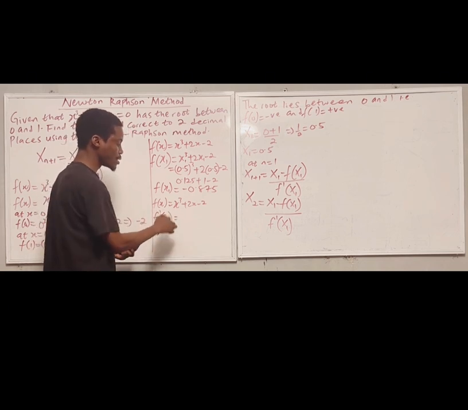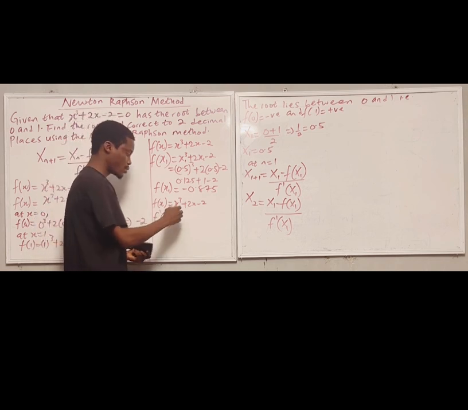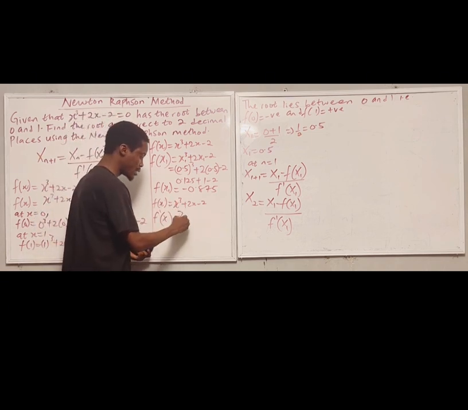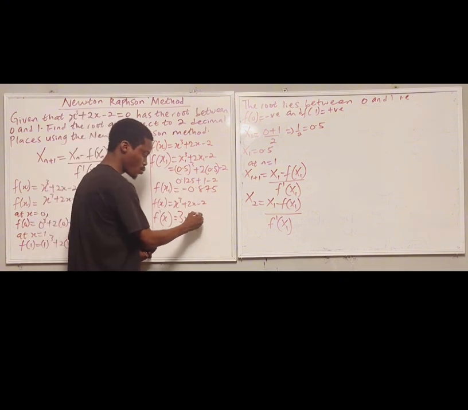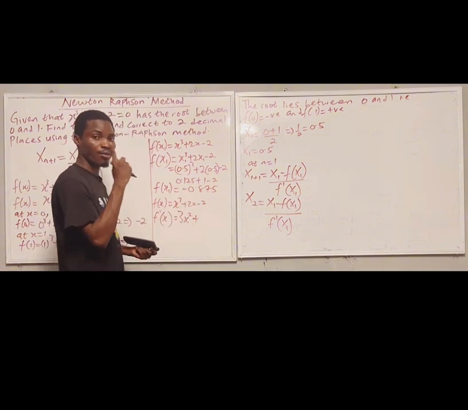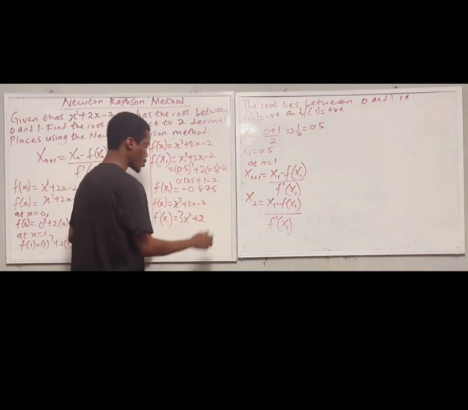So for me to find this, I will differentiate this with respect to x. If I differentiate x raised to the power of 3, I'm going to have 3x squared. 3 will come down, then it will be x to the power of 3 minus 1. If I differentiate 2x here, I'm going to have 1 multiplied by 2, I'm going to have 2. Then this is 0.